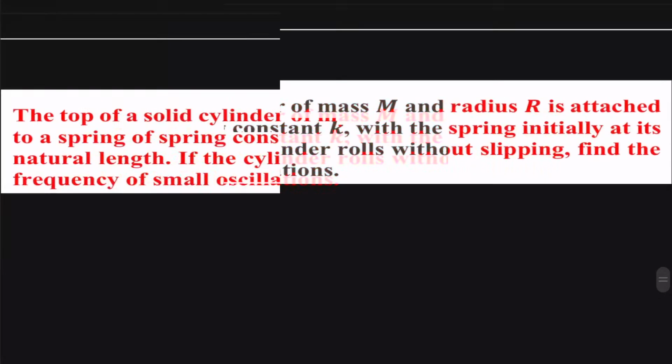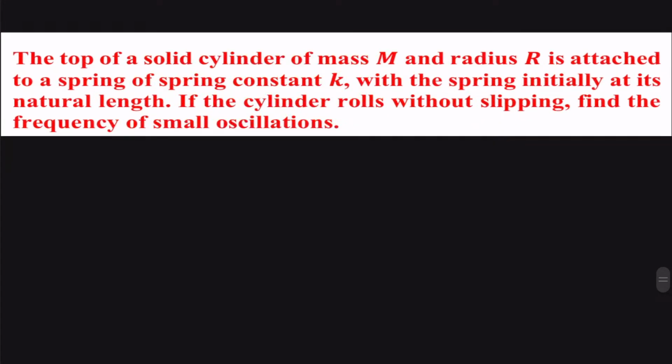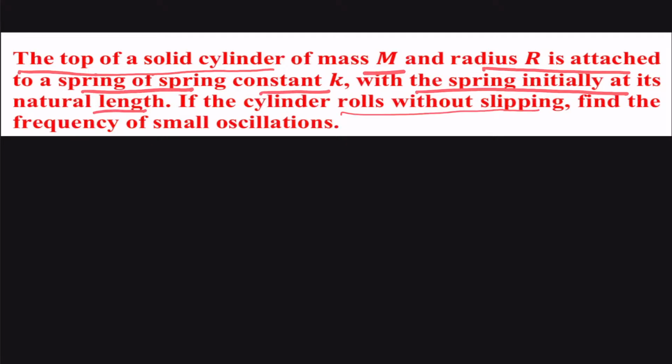The same question can be asked in a little bit different way, and in this case also we are given that the top of a solid cylinder of mass m and radius r is attached to a spring of spring constant k, with the spring initially at its natural length. If the cylinder rolls without slipping, find the frequency of small oscillations.